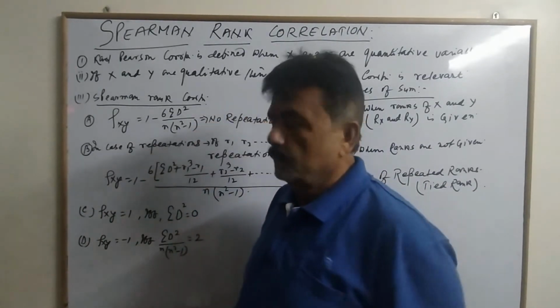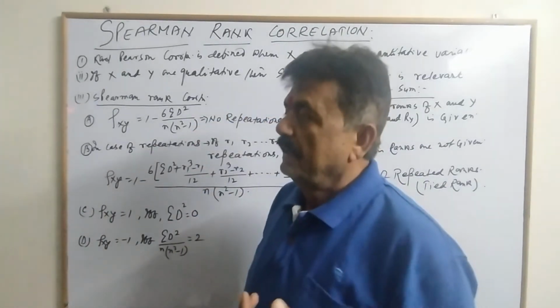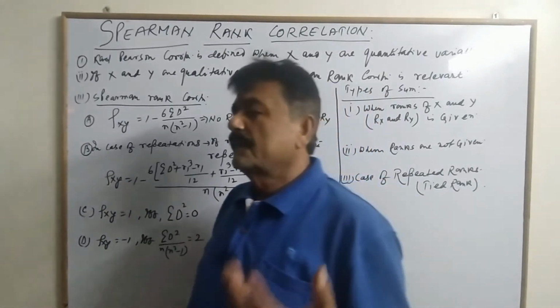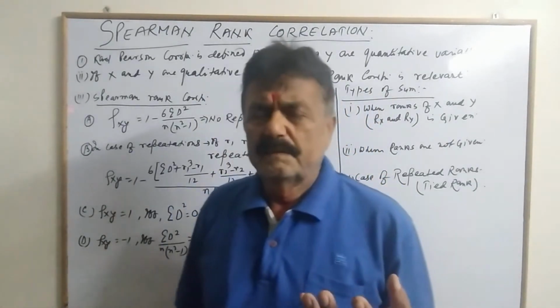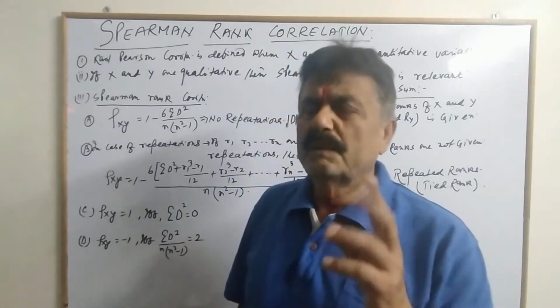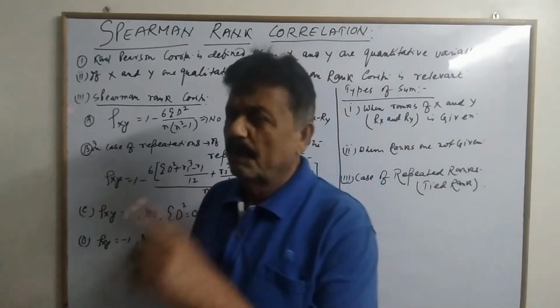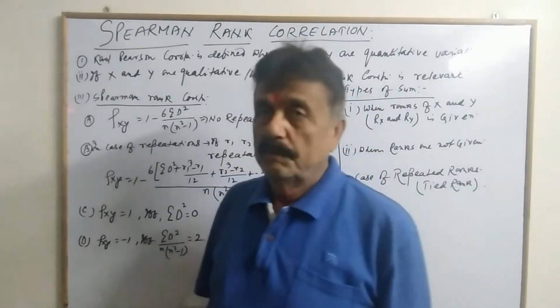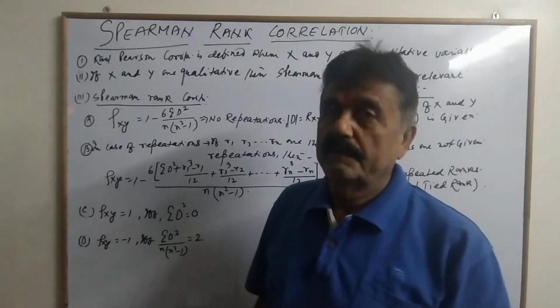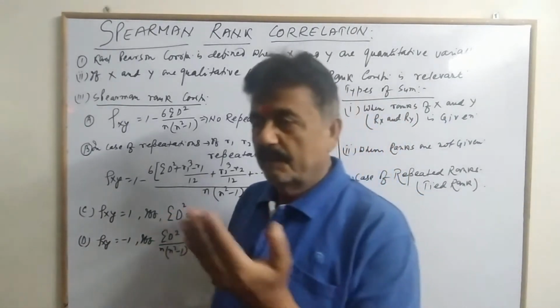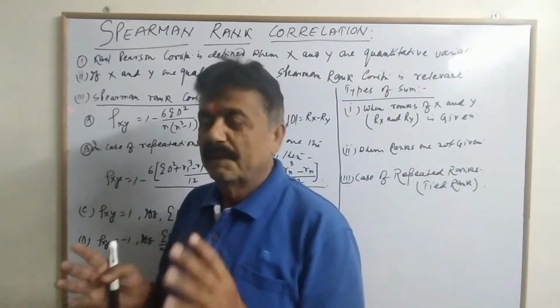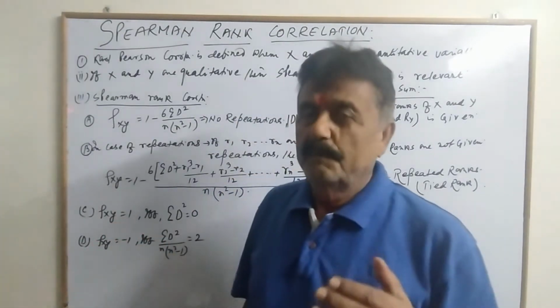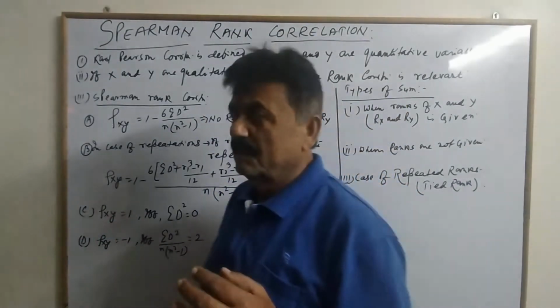One thing has to be understood at the very outset: the Karl-Pearson correlation coefficient is defined only when both variables x and y are quantifiable variables, like height, weight, age, which can be expressed in numbers.